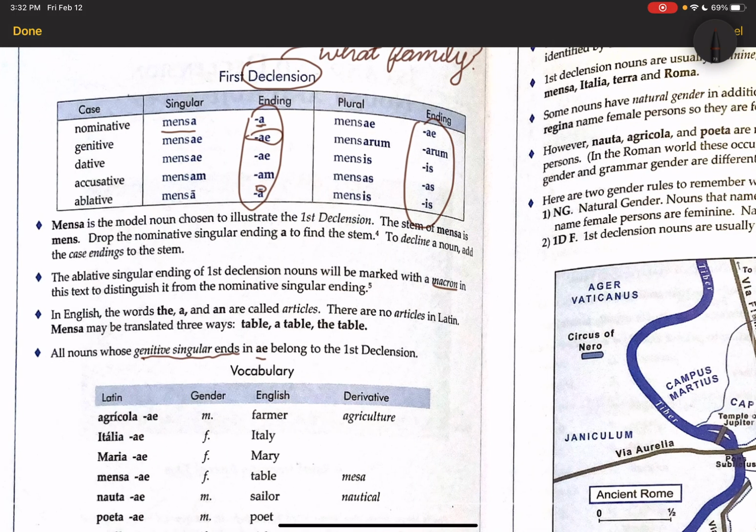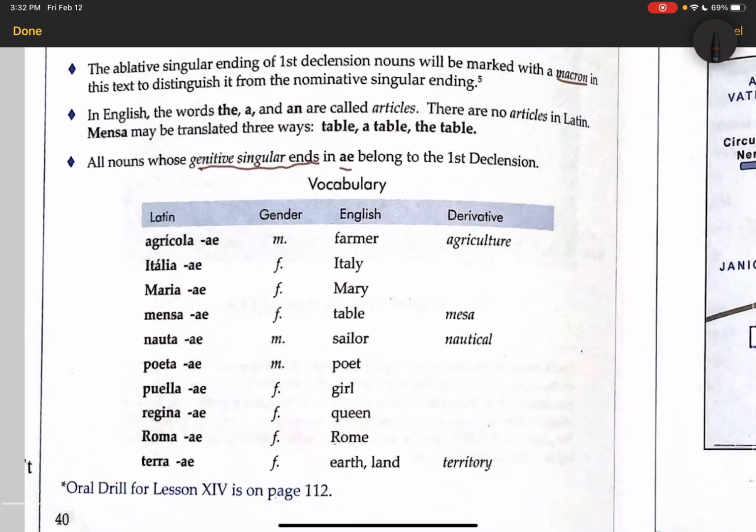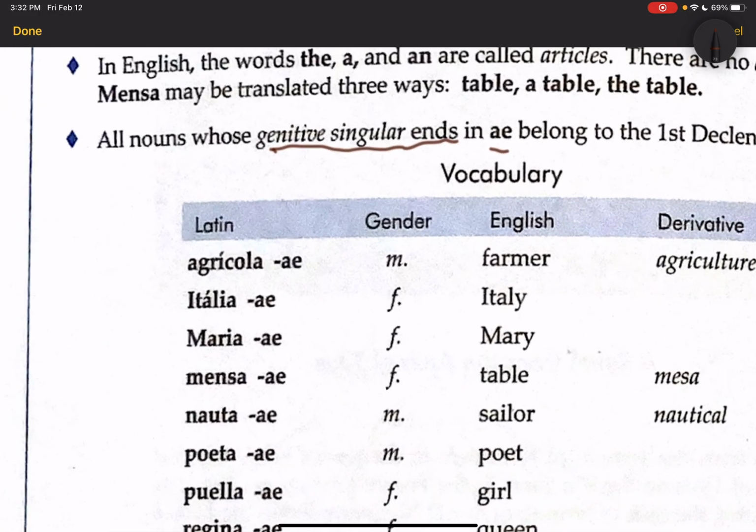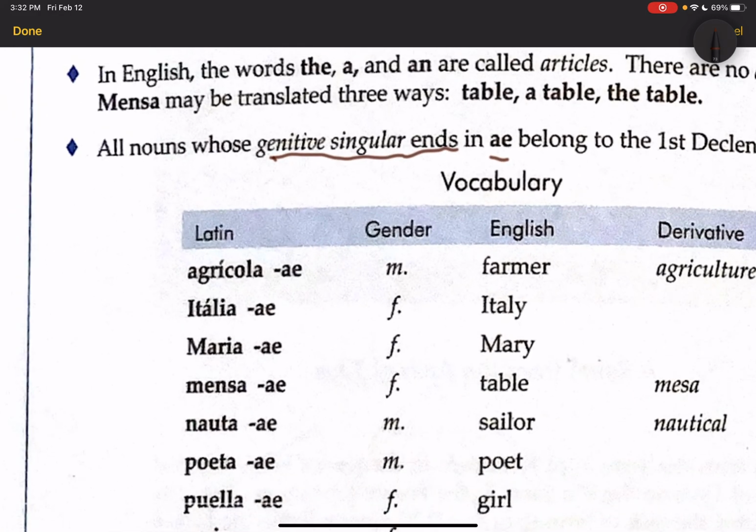Okay, so just for review, let's find the stem for each of these words, or at least some of them. The first word, agricola, farmer, we want to cut off the a from the nominative, and that's our stem, agricol. Then we can decline it by simply adding the different case endings, ae, ae, arum, is, as, is.